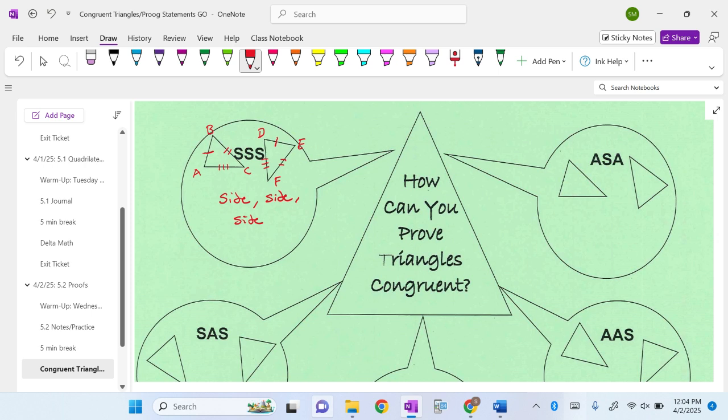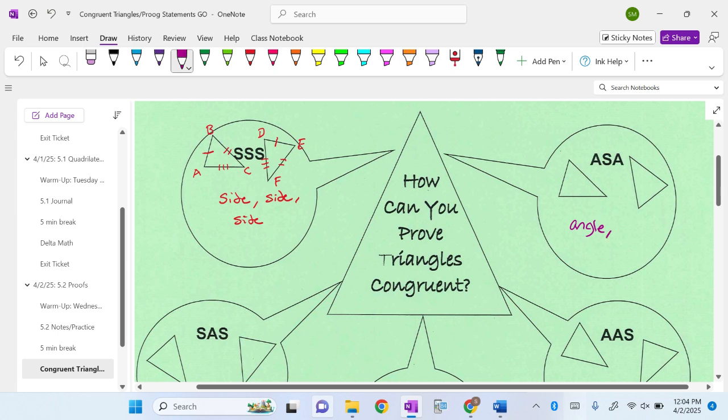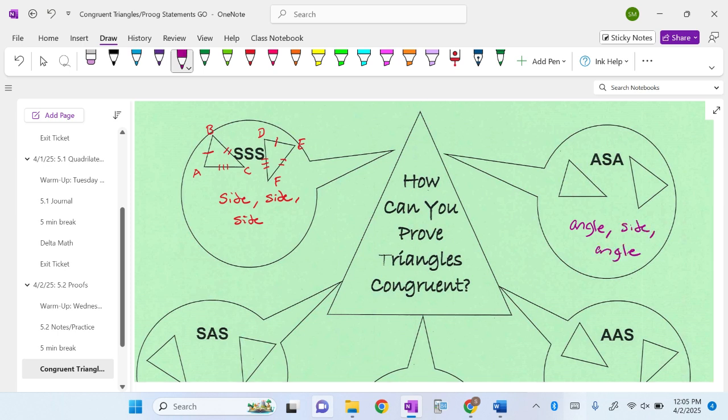Anyone remember what ASA means? Angle, side, angle, ASA. So essentially that means you have 2 angles that are congruent. So again, A, B, C, and D, E, F. Basically somewhere you have 2 angles that are congruent and then a side directly in between those 2 angles.